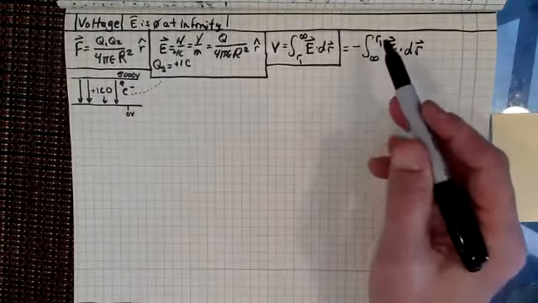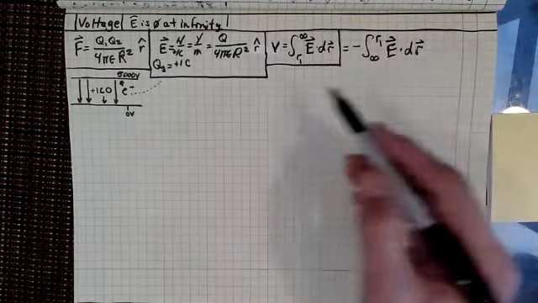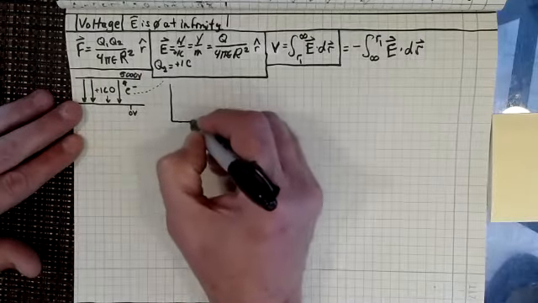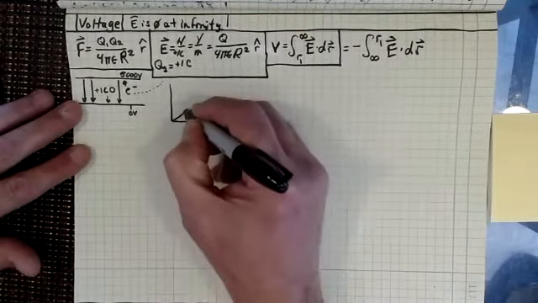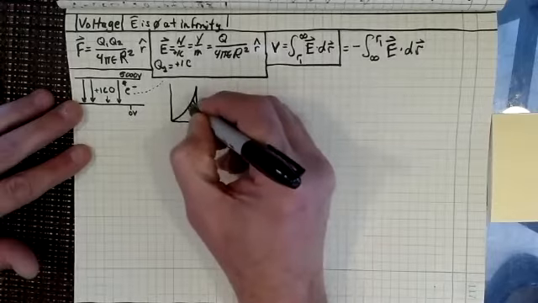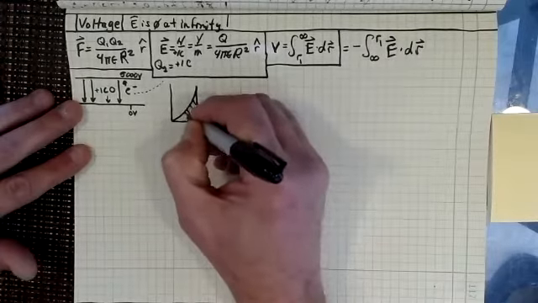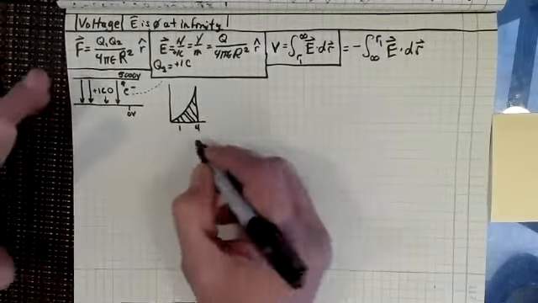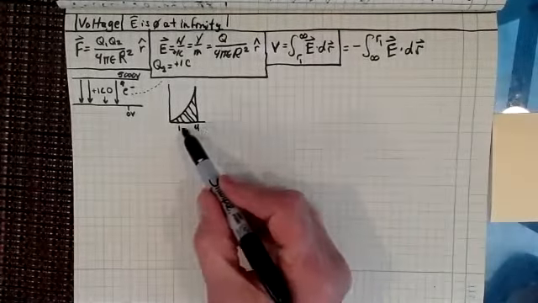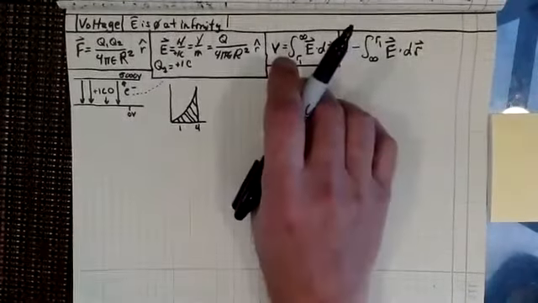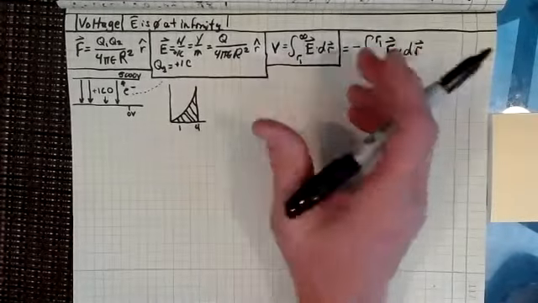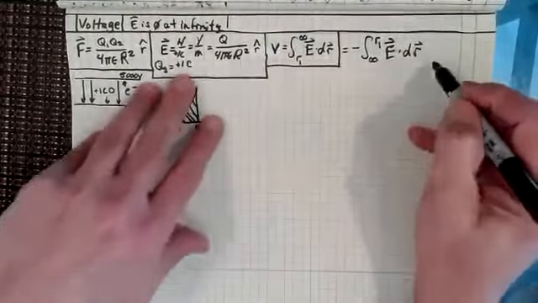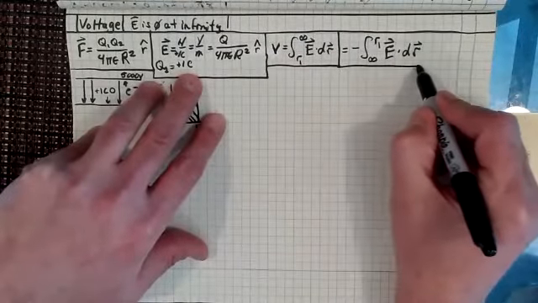If you're looking at the area under the curve, let's say I've got a parabola, and I'm looking at the area under the curve from 1 to 4, then if I'm looking at the area under the curve from 4 to 1, it's a negative area, isn't it? That's right, it's a negative area because we're going the other way. Anyway, let's go back to this. I'm sure that everybody knows that identity anyway.